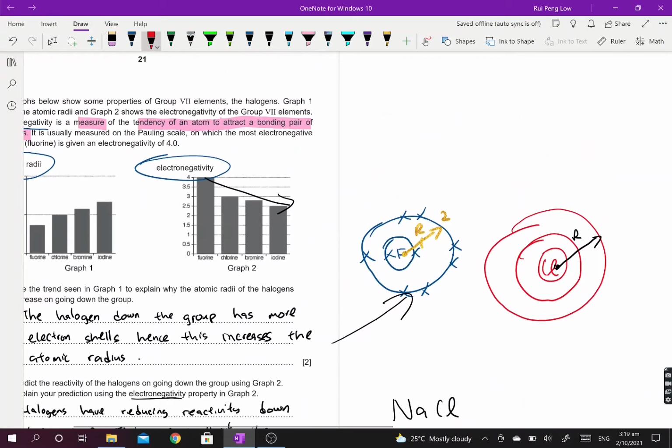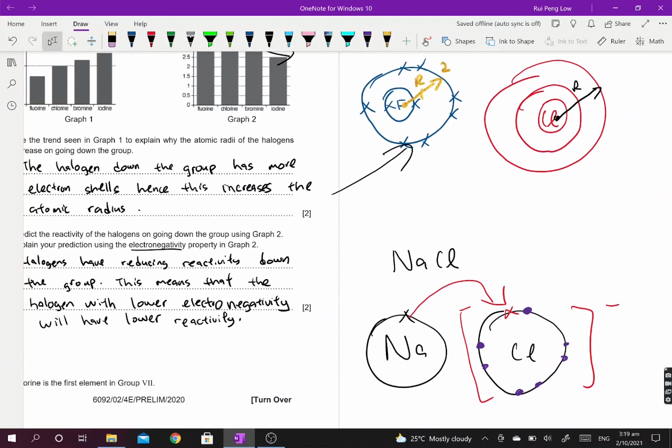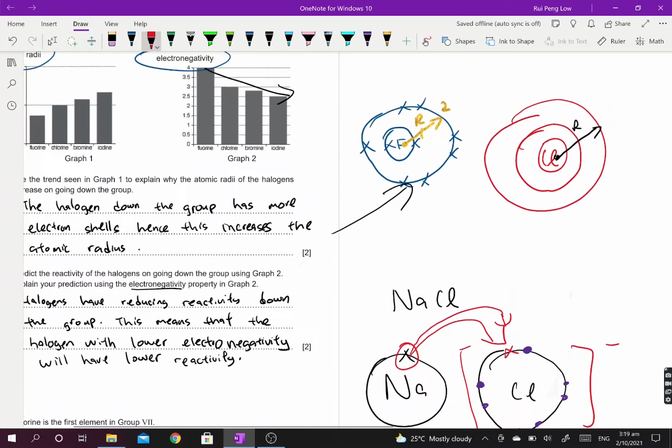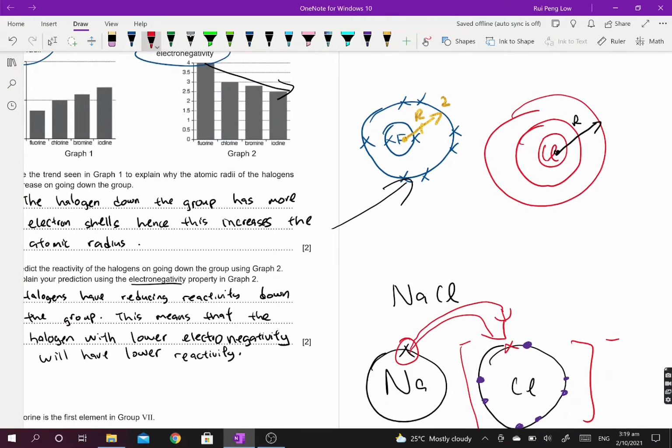Electronegativity, as I mentioned, is the ability for the atom to attract the electrons. So yes, my sodium is giving away the electron to chlorine, but chlorine must also have the ability to attract this electron, so to speak.